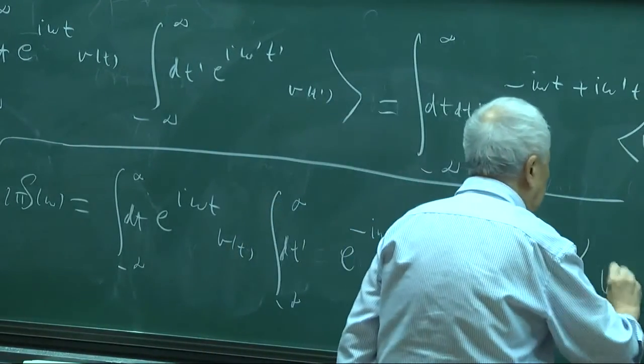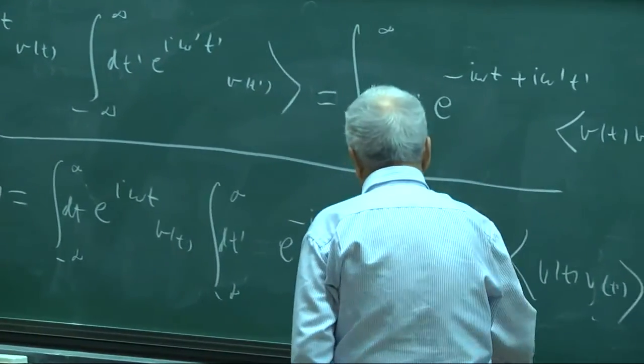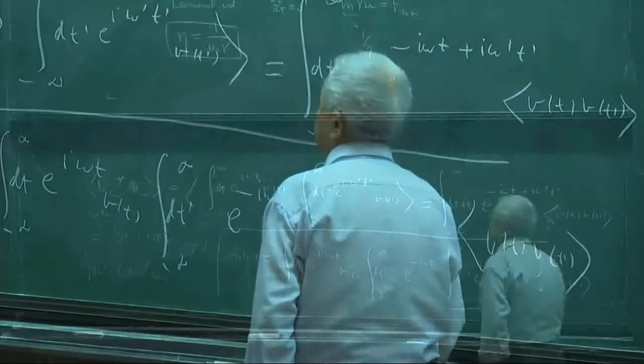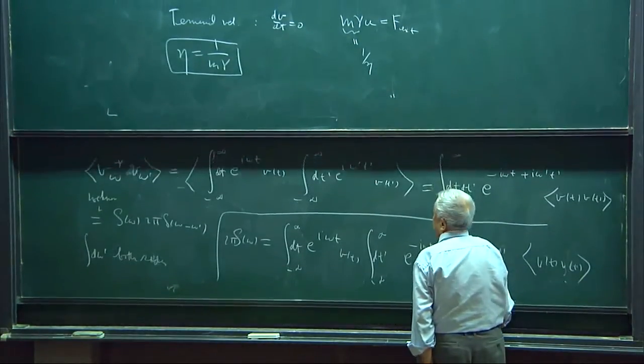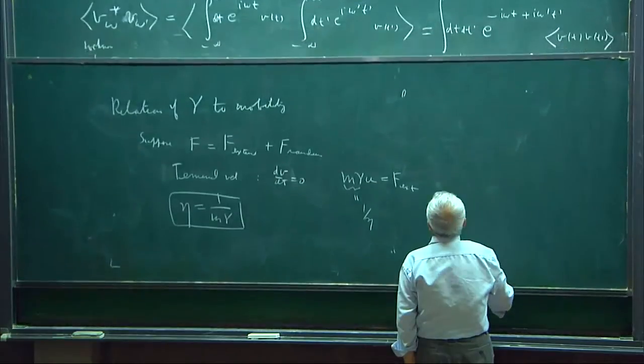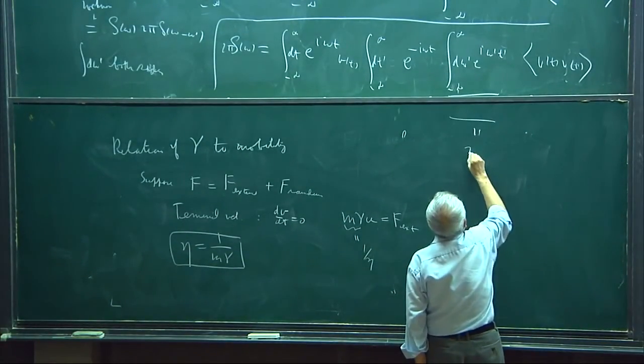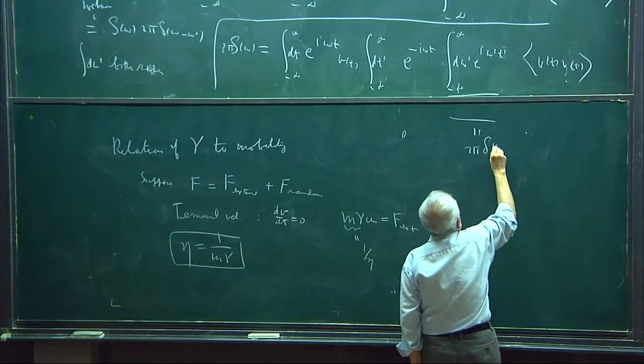You know what this integral is. That's the delta function. This is equal to 2 pi times the delta function in t prime.